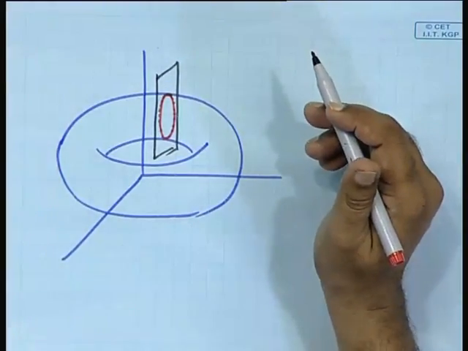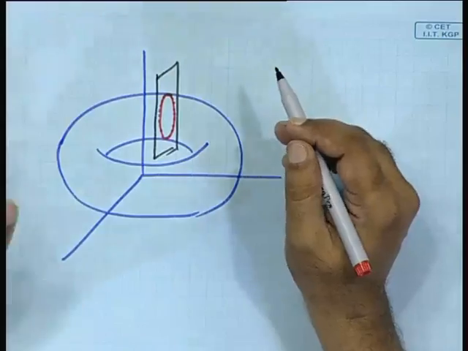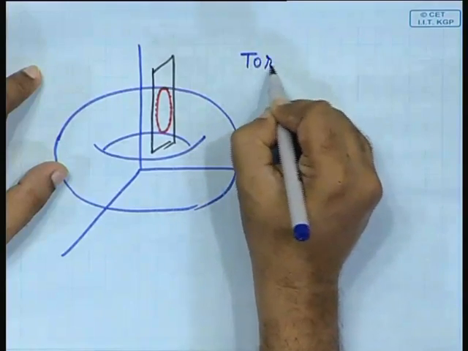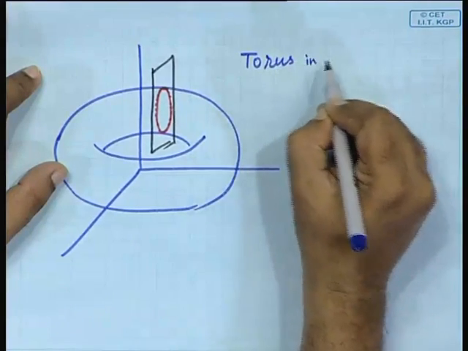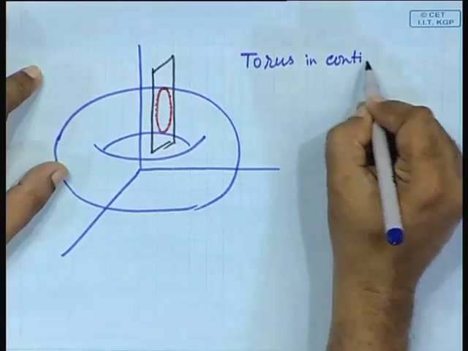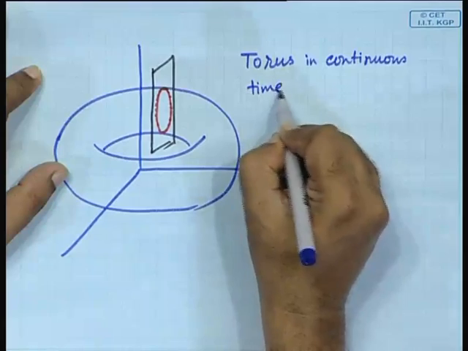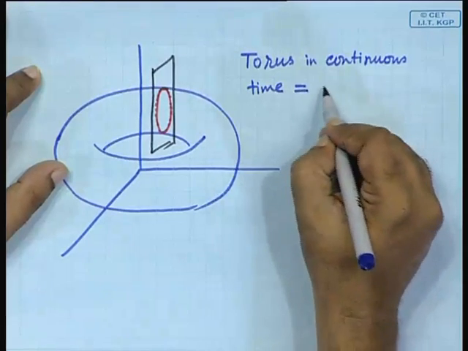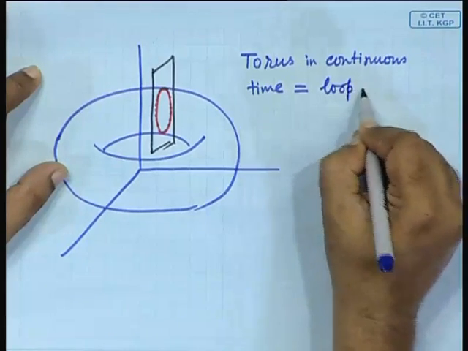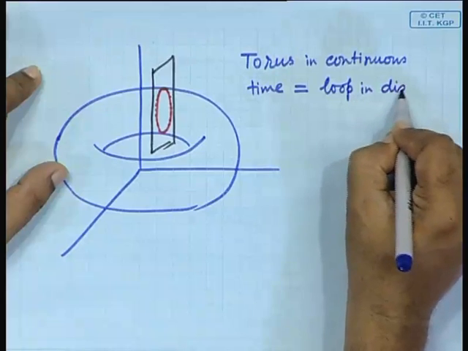It is a simpler representation, but at the same time it captures the essential of that orbit. So, in general the conclusion is that torus in continuous time is same as a loop in discrete time.